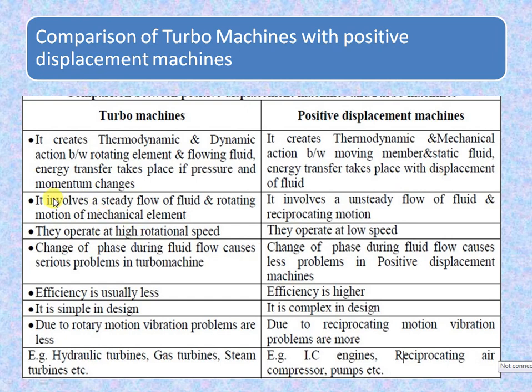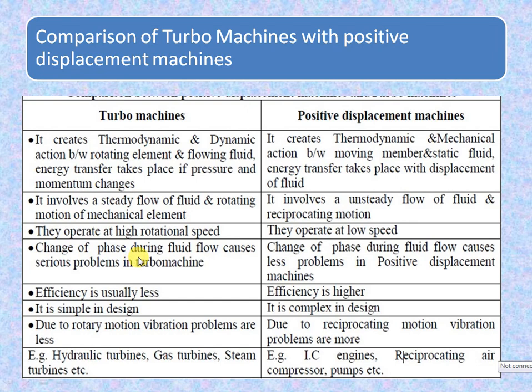The second difference is that a turbo machine involves a steady flow of fluid and rotating motion of mechanical element. A positive displacement machine involves unsteady flow of fluid and reciprocating motion. A turbo machine operates at high rotational speed because it is a balanced type of machine, but a positive displacement machine operates at low speed because it is an unbalanced type of machine.